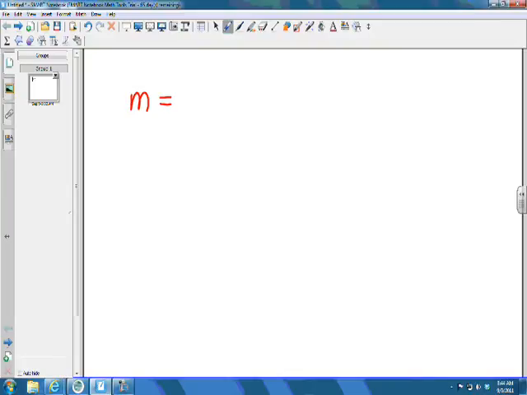So M equals, in the slope formula, y2 minus y1 over x2 minus x1. So a lot of your homework is just going to be giving you 2 points and you plug them in and find the slope, which you've probably done in the last 2 or 3 math classes you've had. So that should be definite review.